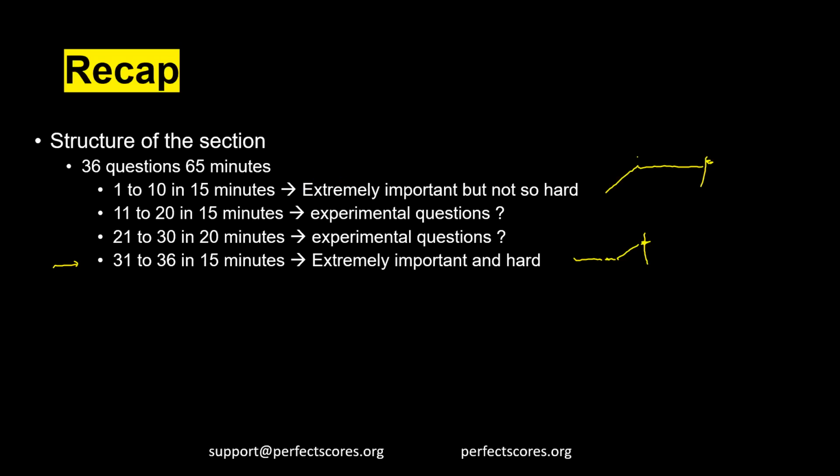Since they're extremely important but not so hard, you should try and complete them in the first 15 minutes. And then for the last 6 questions, which are going to be really tough but extremely important as well, you should again give them 15 minutes. This is more than 2 minutes per question, but that's completely worth it.